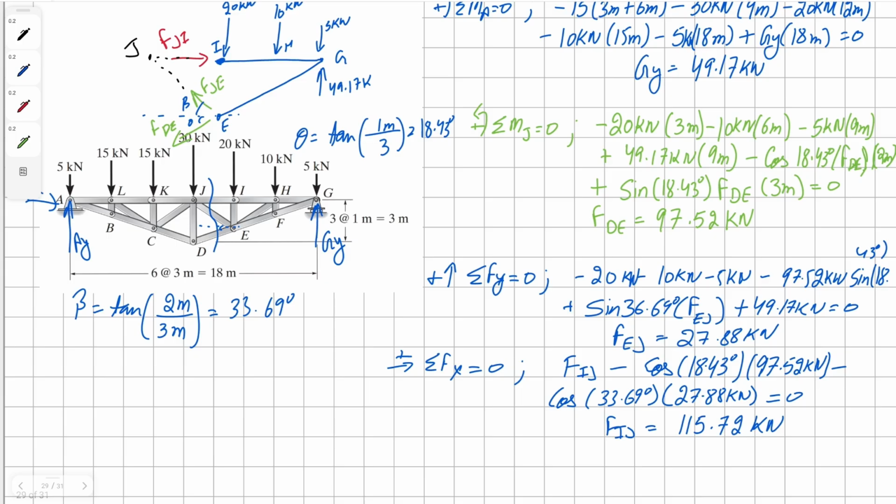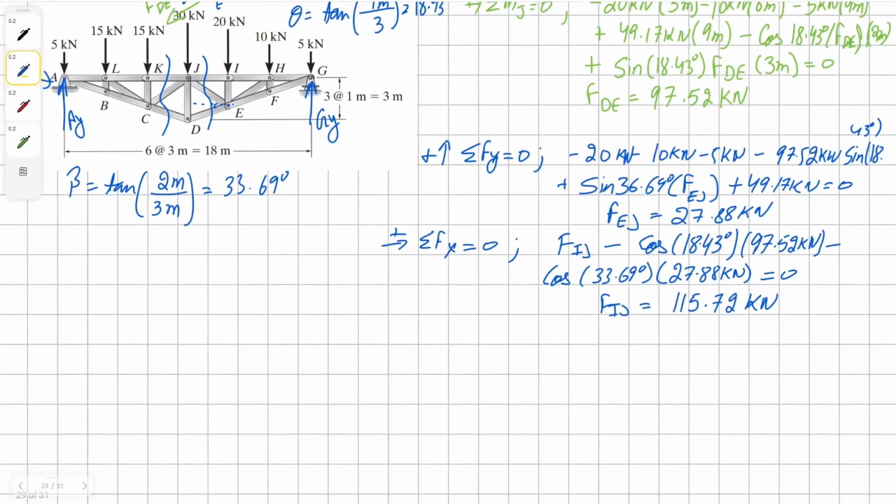Therefore, I'm going to make another cut between KJ, CJ, and CD to determine the values for members CJ and CD in order to find our solution for member JD.